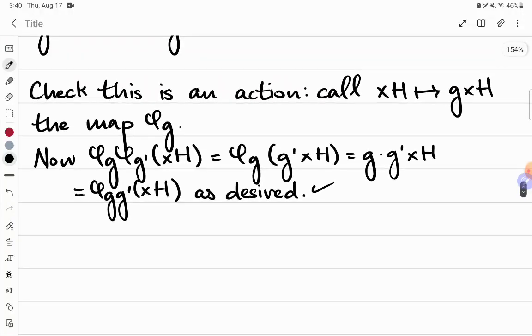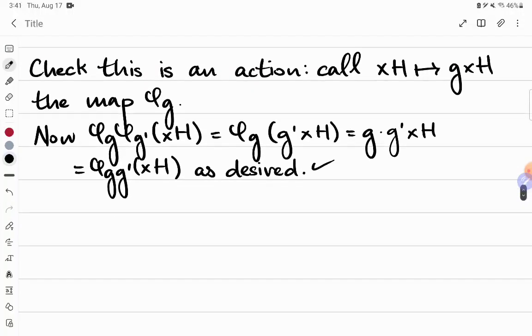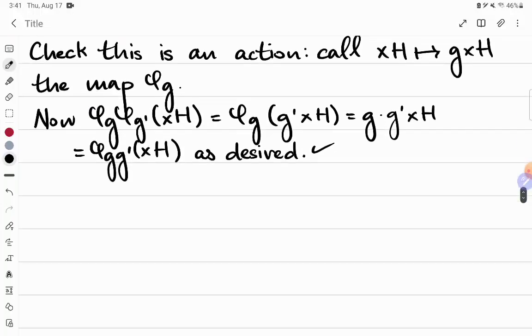Okay, so this proves that this is a valid action, and now our problem is solved, right?